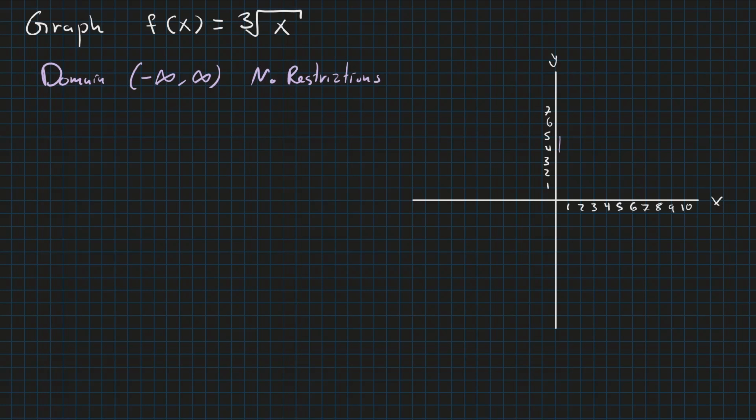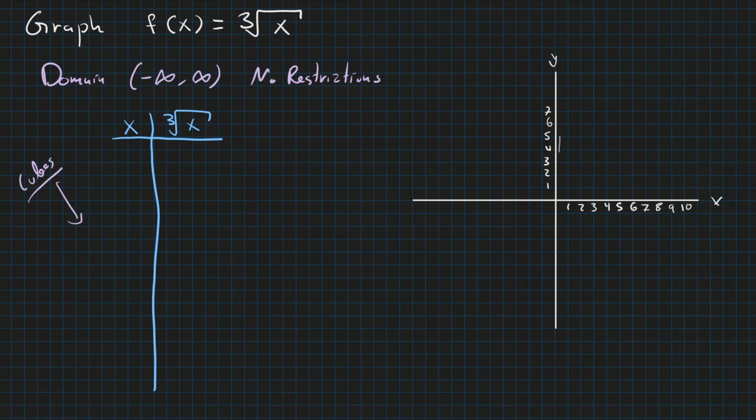Those things make sense. So in this case here, we're going to do x, and then we are going to do the cube root of x. So in this case here, the things that you should choose to plug in are going to be cubes. Because if you don't plug in a cube, like for instance, what's the cube root of 2? That's a little bit harder to figure out.